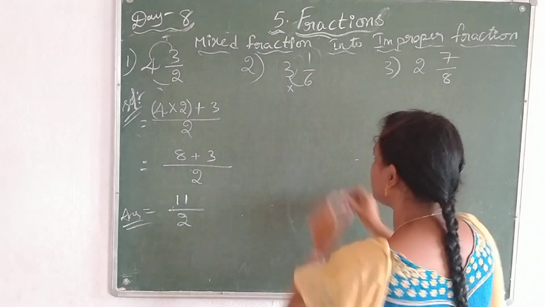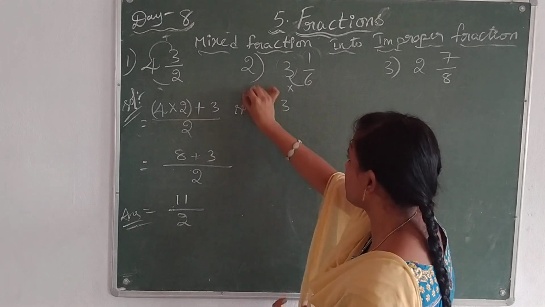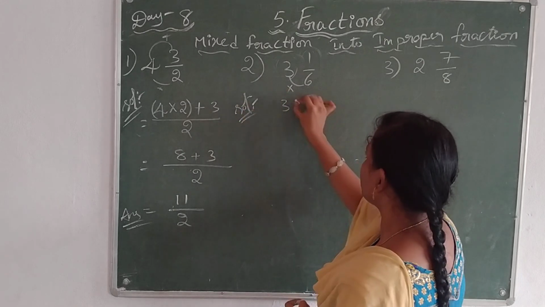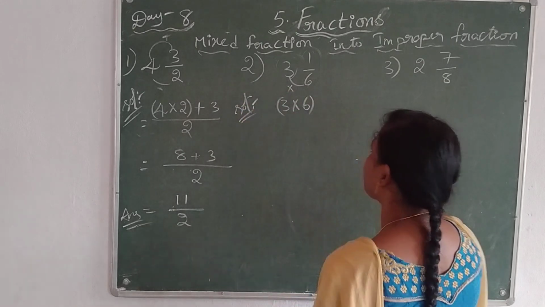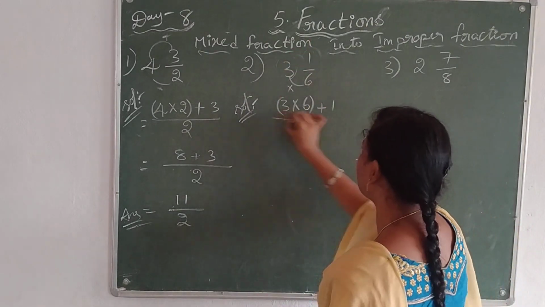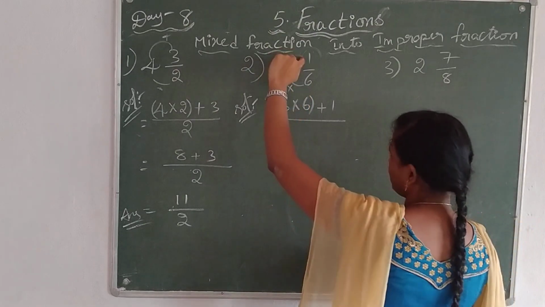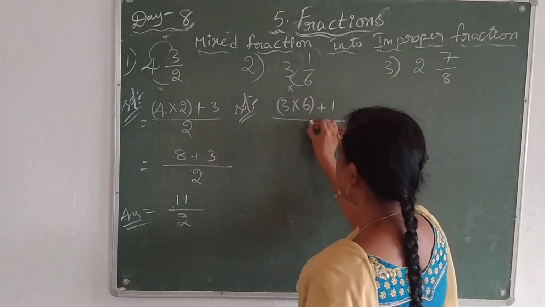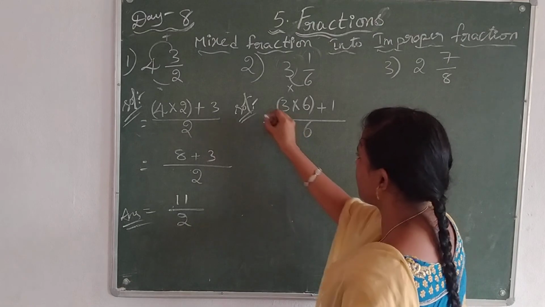Multiply the whole number into the denominator. That is 3 into 6 and add the 1. That is the numerator. Multiply these two numbers, plus 1, divided by 6.